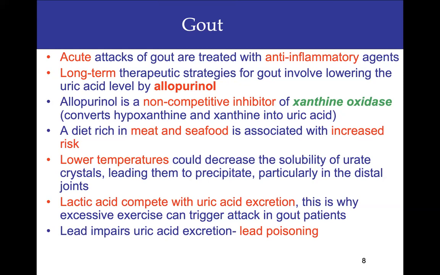Now, one more thing, but this is very unlikely. Lead poisoning can also cause gout because lead impairs uric acid excretion, leading to hyperuricemia, and then causing a gout attack.